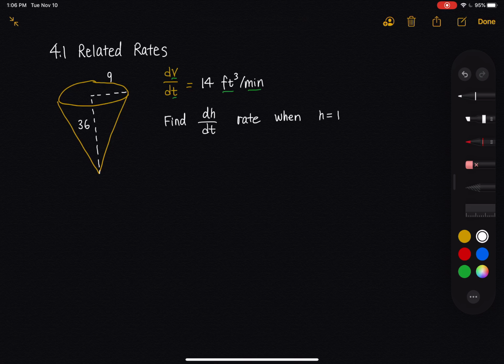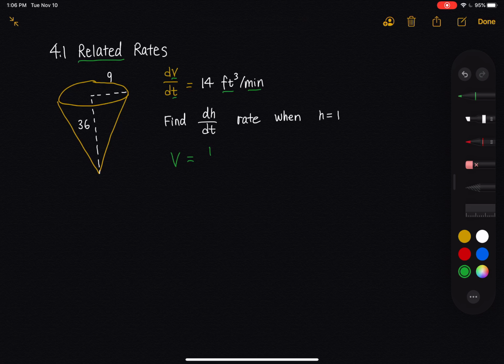So how do we use this information to solve the problem? Because the keyword is related rates, we have to relate the volume with the height. And we know how to relate it. It's the formula for the volume.